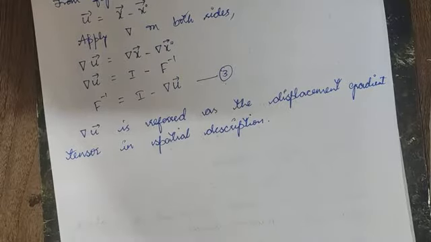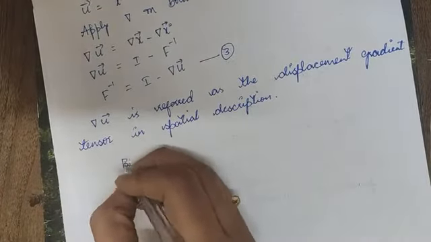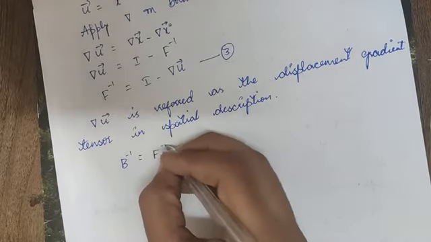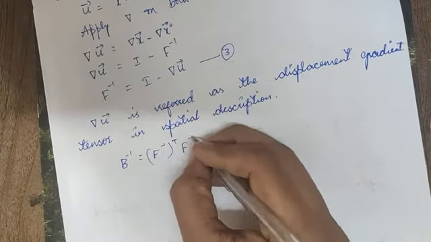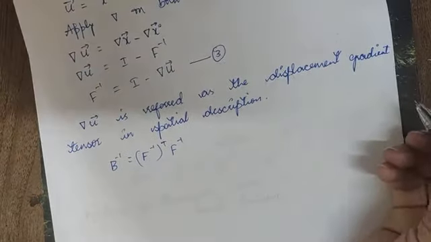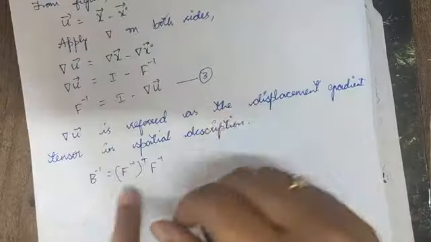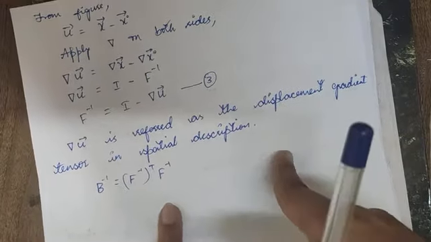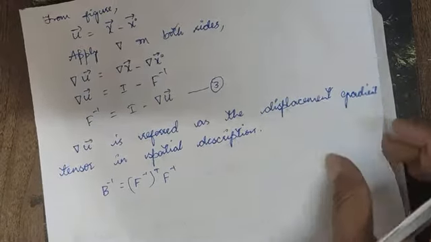Using Cauchy deformation tensor, I can write B inverse is equal to F inverse whole transpose into F inverse. Correct? From Finger's deformation tensor, it is B is equal to F transpose into F. If I consider Cauchy's deformation tensor, it is B inverse is equal to F inverse whole transpose into F inverse.